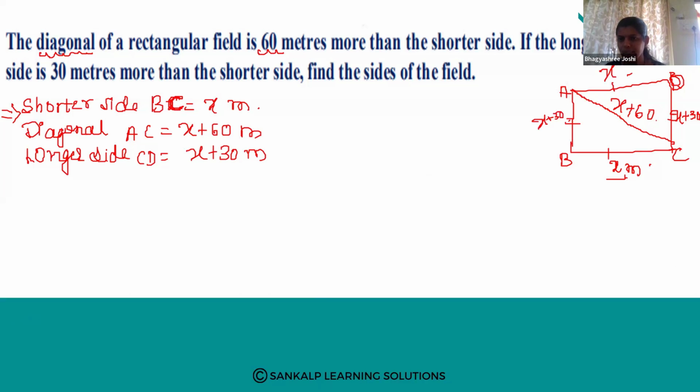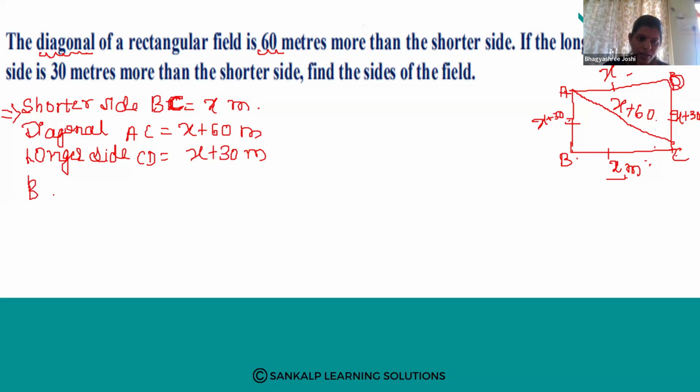So in triangle ABC, AC is the diagonal. So by using Pythagoras theorem, we can find out the sides, that is the x value. AC square is equal to AB square plus BC square, right?